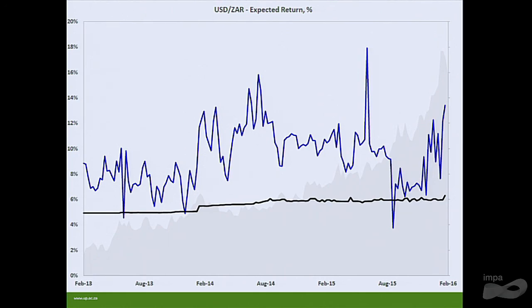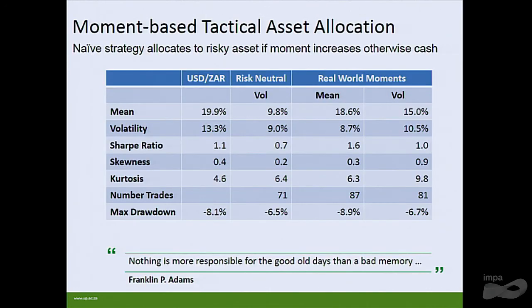Interesting here, now the black line again is the risk neutral expected mean. The blue line here is the market implied mean. And interestingly here, the results that we get out from, again, the naive trading strategy come out interesting. Over that period, dollar rand has, as I said, weakened significantly.